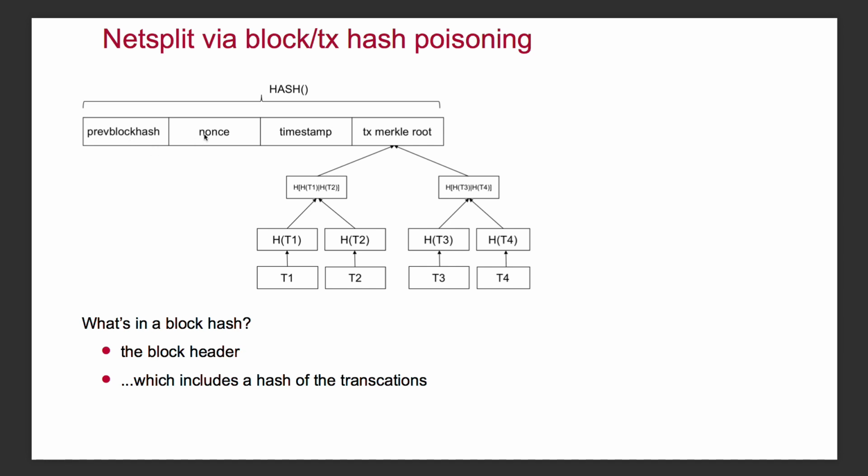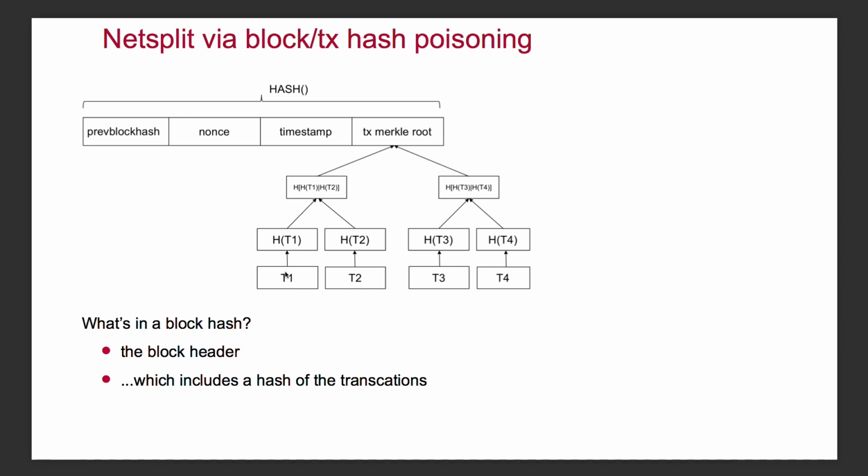The nonce is used to solve the proof of work puzzle, and there is a timestamp, and there is the merkle root, which is nothing but really a digest of transactions in that block. So every block has transactions, and instead of directly hashing the transactions, we hash the merkle root of the transactions, and these are transactions.